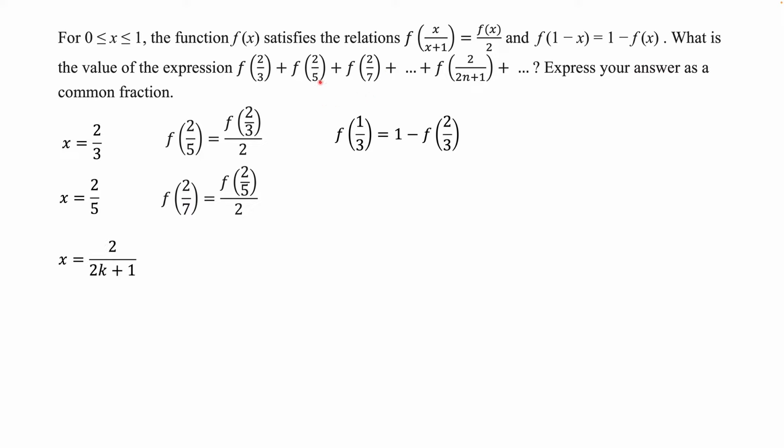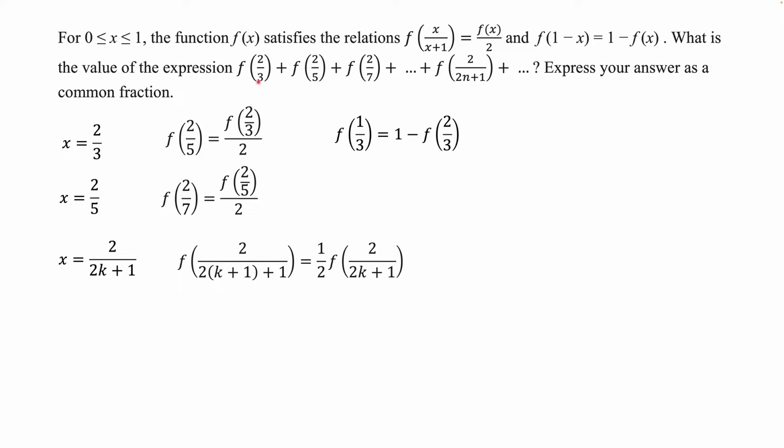Well, let's take one of those terms. The general term is 2 over 2k plus 1, where k is an integer from 1 to infinity. If we plug that into this formula, we're going to get this. But notice what happens here. This is my x, and this would be the next term in this sequence.